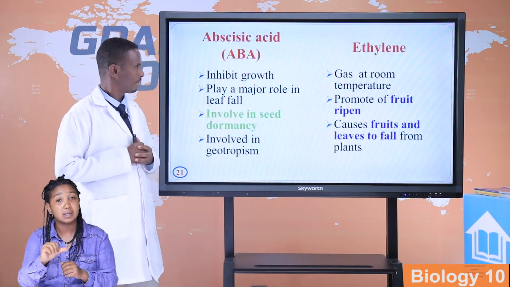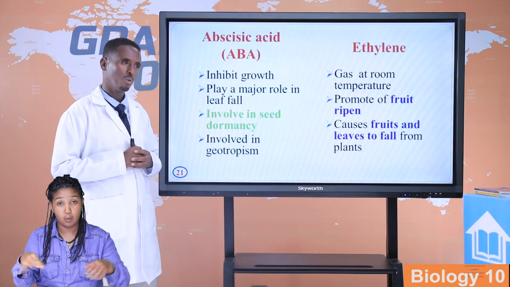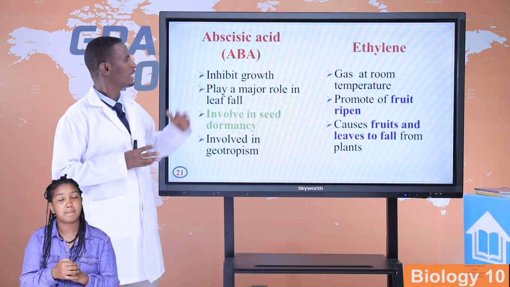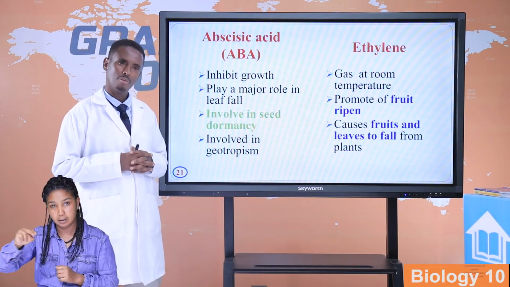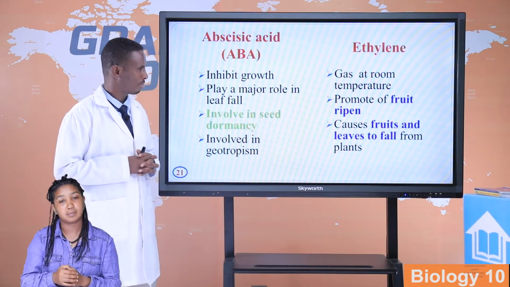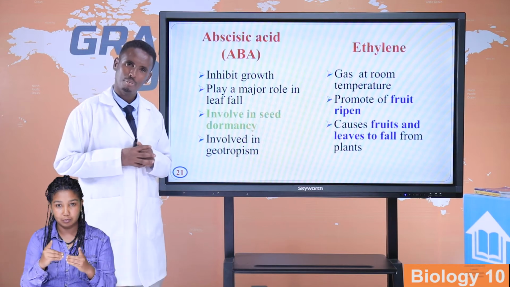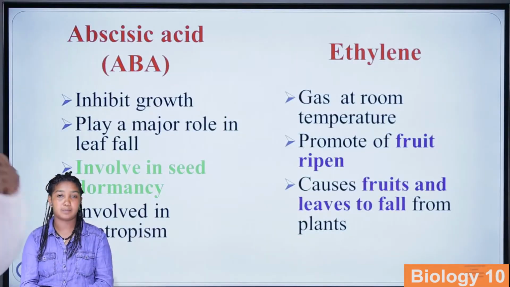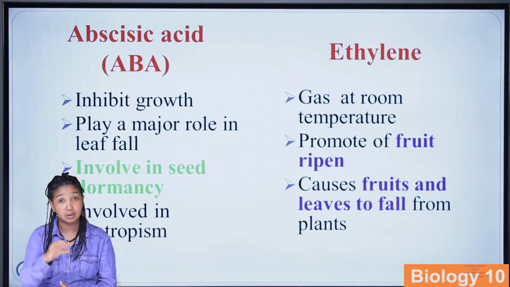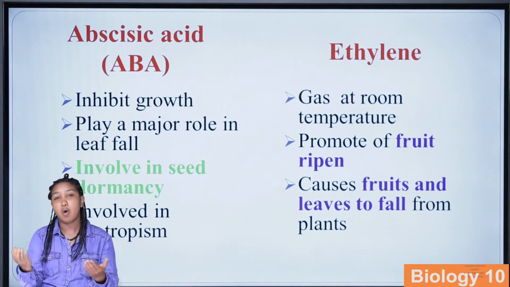The other important hormone is ethylene. Ethylene is a gas at room temperature. The main function of ethylene is to promote fruit ripening.